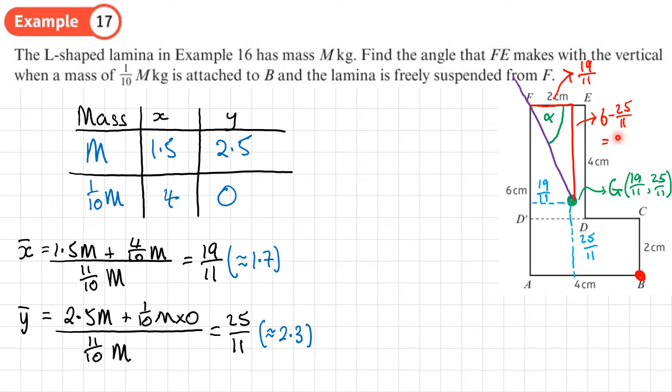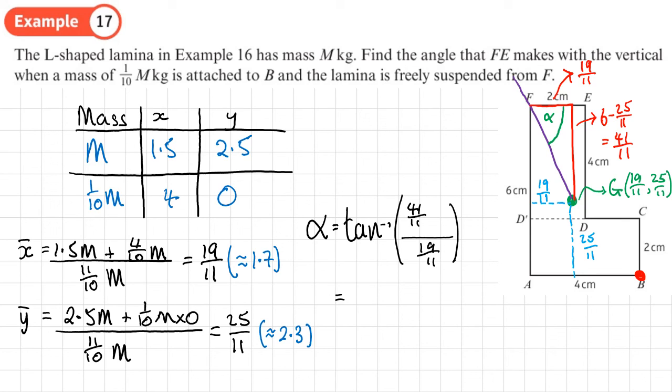And that gives me 41 over 11. Right, so the angle that it makes with the vertical is going to be tan inverse of 41 over 11 divided by 19 over 11.